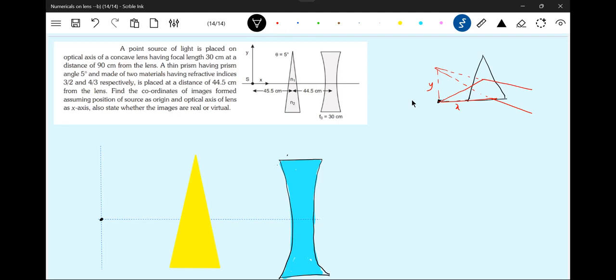Then the deviation suffered by the thin prism should be equal to delta. This is what we take as delta, no? So this will become delta. Then this is the prism.